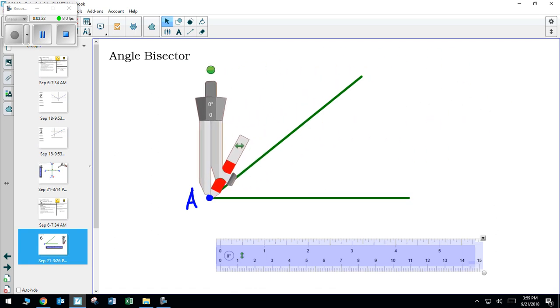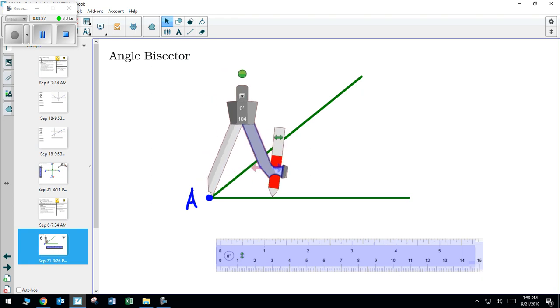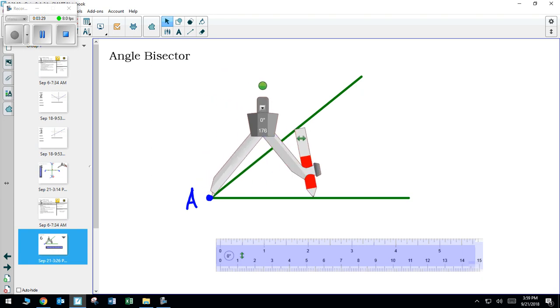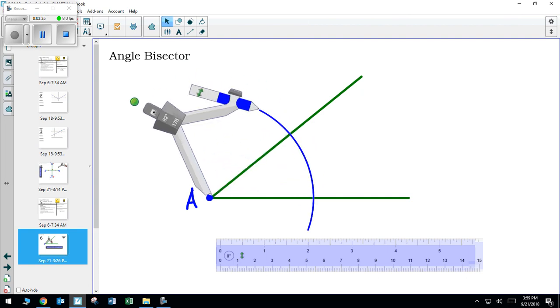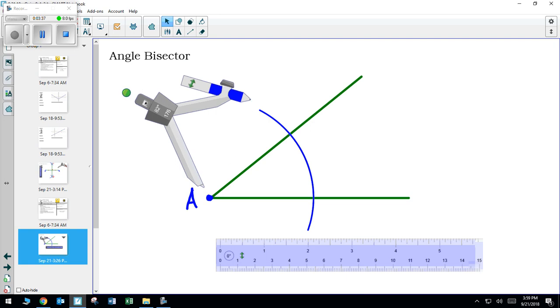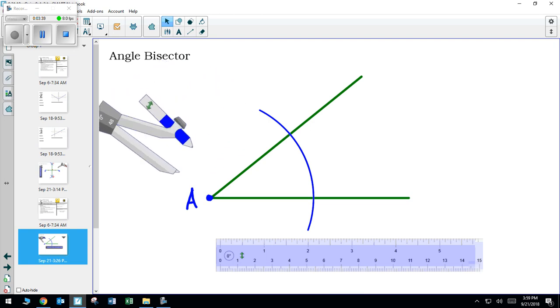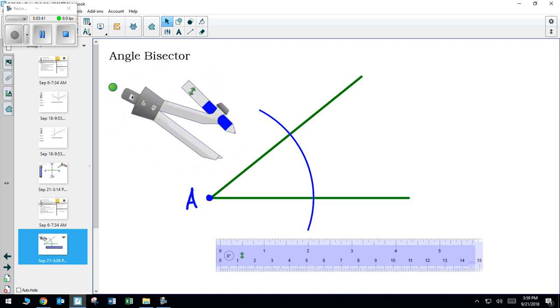We're going to put the point of the compass on the vertex, and I'm going to open it up so that I can make a mark across both of the rays of the angle. And it doesn't matter how open your compass is, just so long as that arc goes across both the rays. And I'm going to call those intersection points B and C.